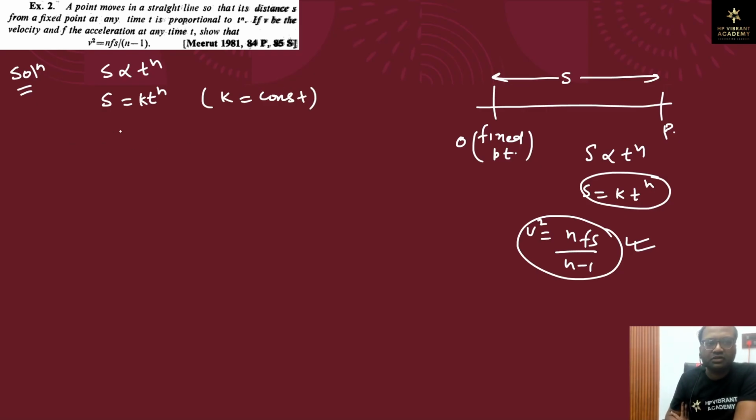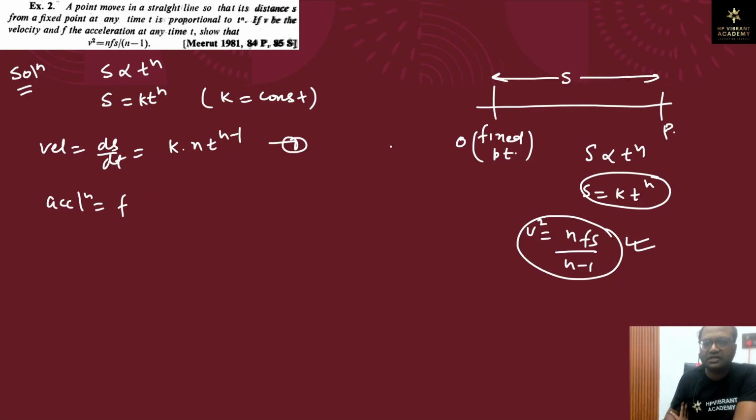So how we can find the velocity? The velocity is equal to ds upon dt. So let us differentiate this: k into n t to the power n minus 1. This is our velocity. And we have the acceleration. Acceleration is equal to f at the position of this particle P at time t.